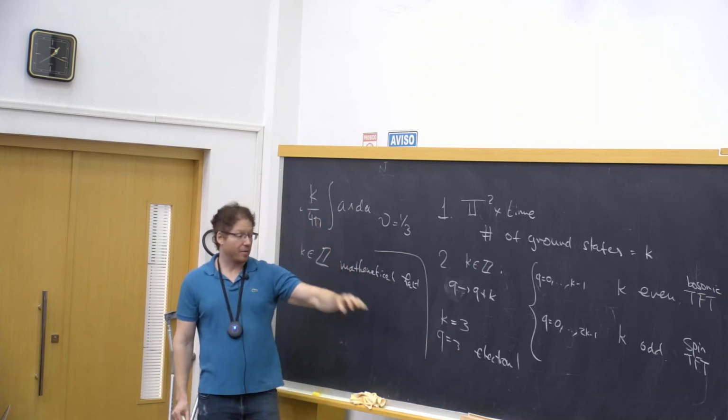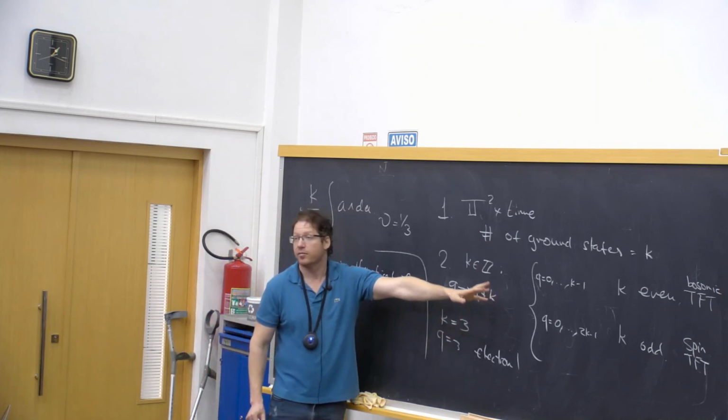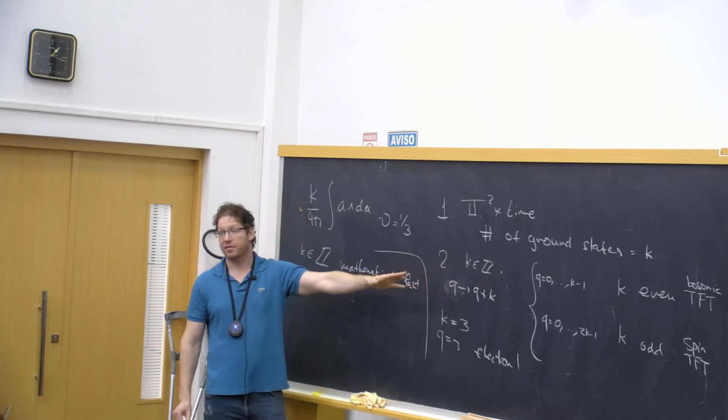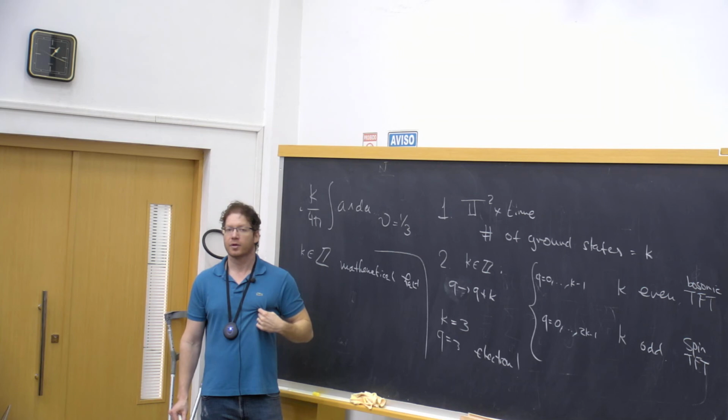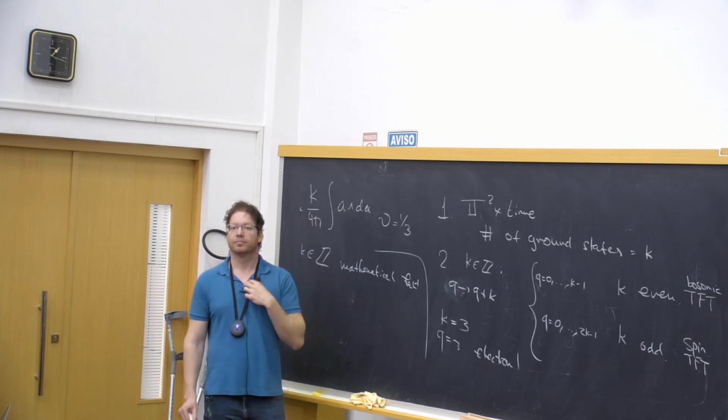Okay. So there are some values here of k which correspond to interesting phases of the quantum Hall state and other systems in condensed matter physics.